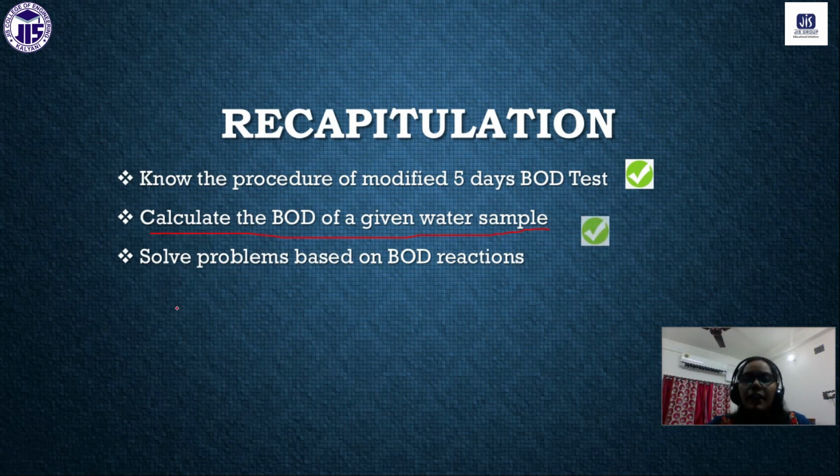Yes, and now you can solve problems based on the BOD reaction. Don't worry, we will solve more problems, then you will be comfortable solving problems based on the BOD reactions, understand? So all these things we have covered today.